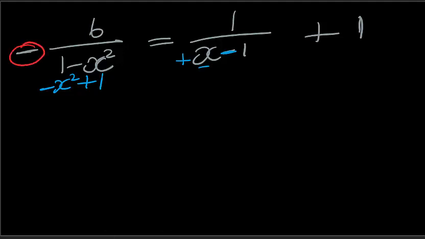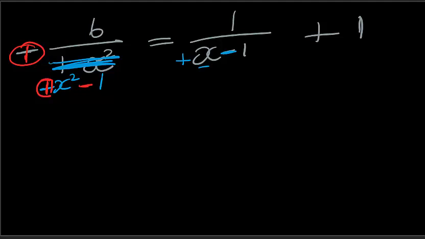We're going to change this sign and the sign and that sign. Remember, this is now gone. So how do we change the signs? We are going to say minus becomes plus, minus becomes plus, and plus becomes minus. So now what I have is x squared minus 1.